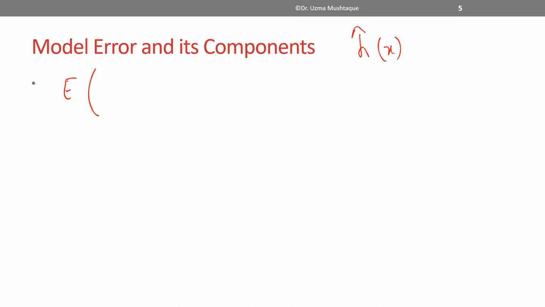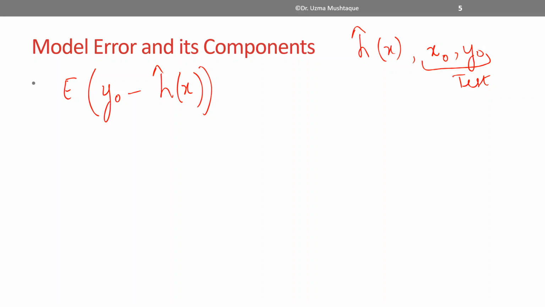And let us assume x0 and y0 is a test point, a point from the test data on which we will test our model. So what we do is we evaluate the model by checking the expected variability against the actual value. Essentially what we are trying to find out is the expected value of y0 minus my fitted value, squared.